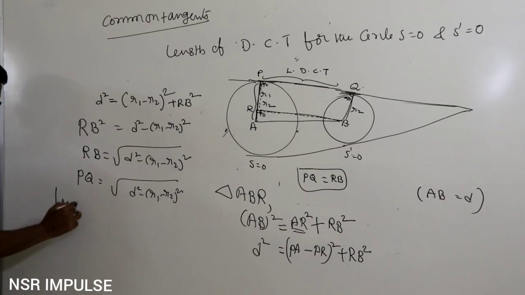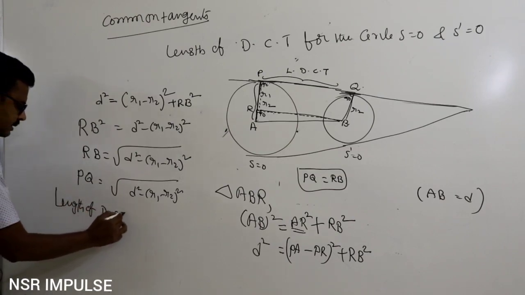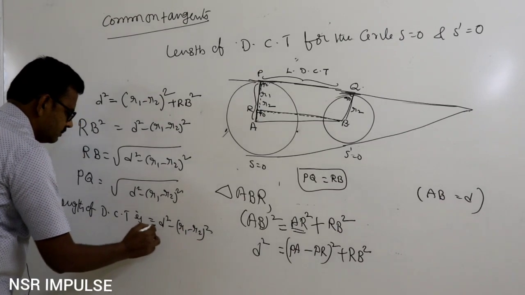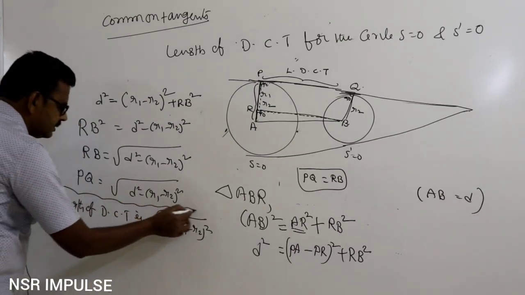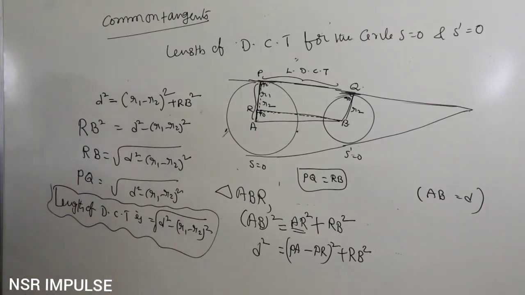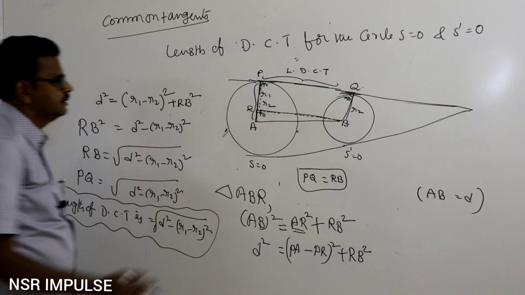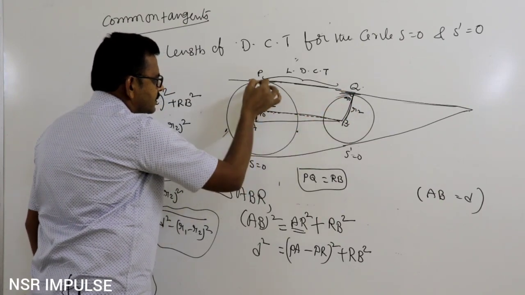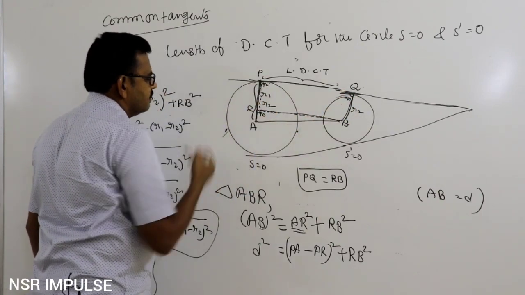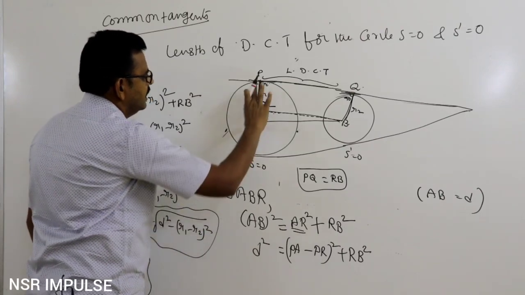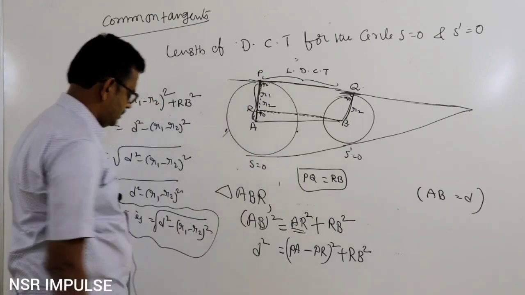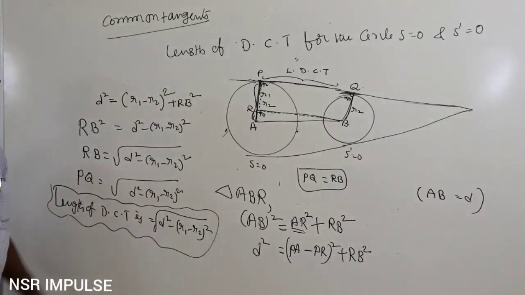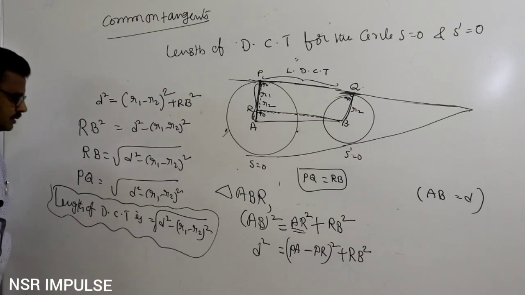Therefore the length of the direct common tangent is root of D square minus (R1 minus R2) whole square.